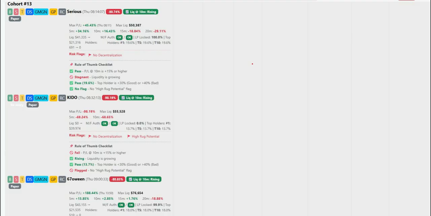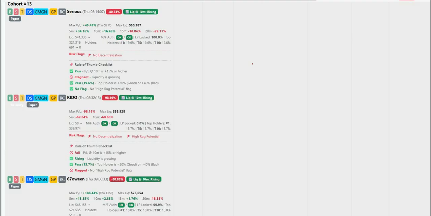It passes the holder check. But it is flagged for high rug potential, confirming the risk flag. This is a perfect example of how the tool helps you identify and avoid dangerous tokens, even if one metric like liquidity looks good. The security analysis correctly warned that this was not a safe opportunity.